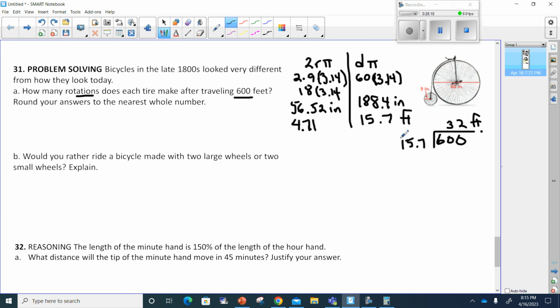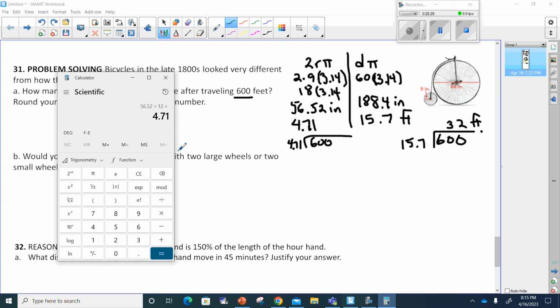Now we're going to take 600 and divide it by 4.71 to find out how many times the small circle is rotated. 600 divided by 4.71 equals, well, that's about 127.